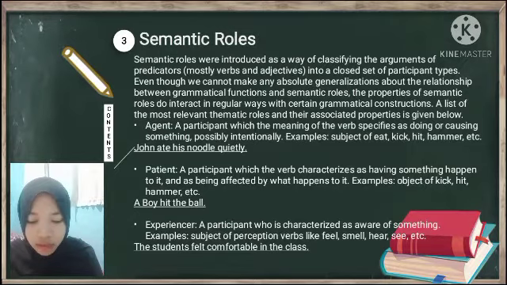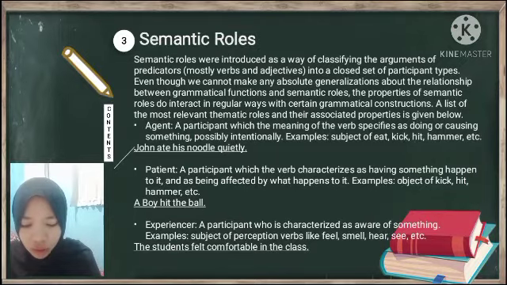Agent is a participant which the meaning of the verb specifies as doing or causing something. Possible examples are the subject of kick, hit, hammer, and so on.